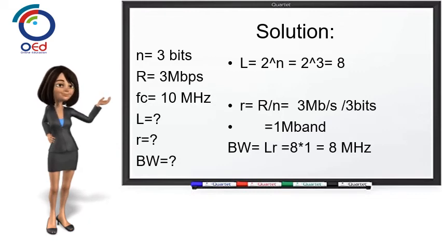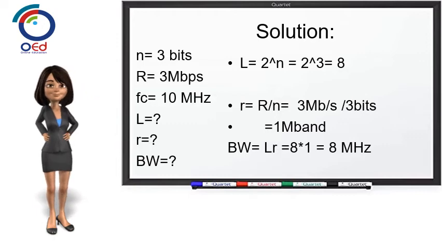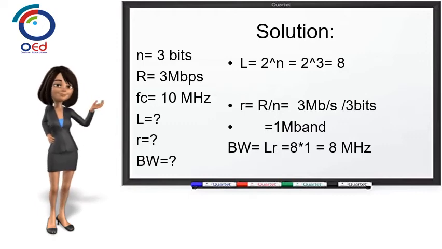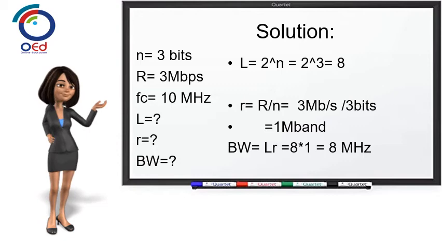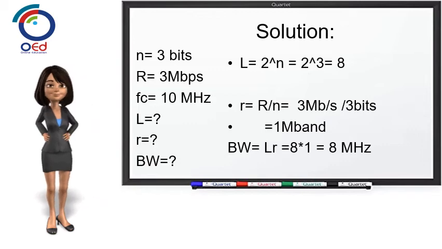To find the value of the baud rate, we use the second formula, which is little r equals big R, the bit rate, over N. So the value of big R is 3 Mbps over N, which is 3 bits. It equals 1 Mbaud.